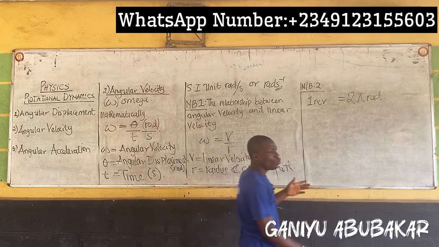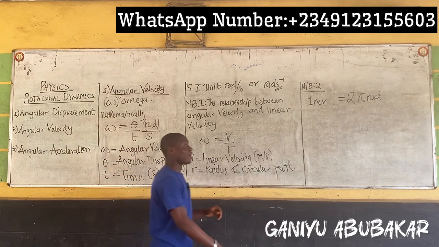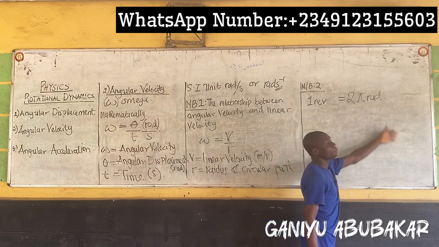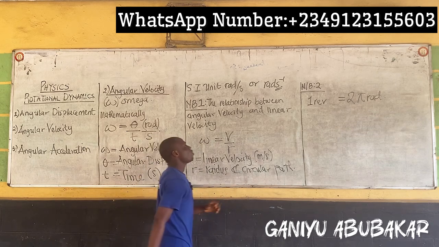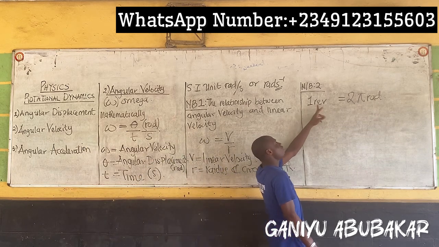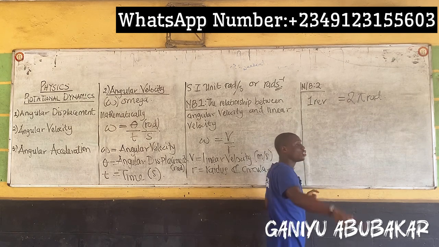Please note that one revolution is equal to 2 pi rad. Let me explain something, please. If I say one revolution, what does it mean? One revolution signifies when a body moves in a complete oscillation.